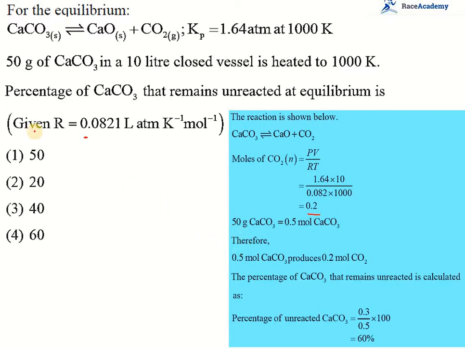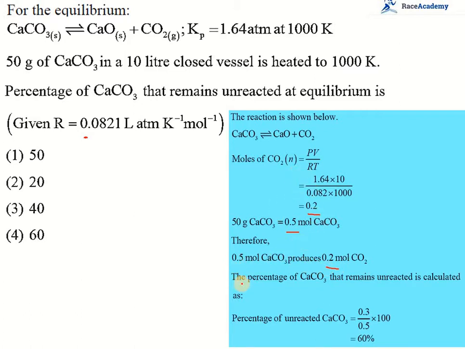So the number of moles of CO2 we got is 0.2. The given 50 grams of calcium carbonate is 0.5 moles. So 0.5 moles of calcium carbonate produces how many moles of CO2? 0.2 moles of CO2.